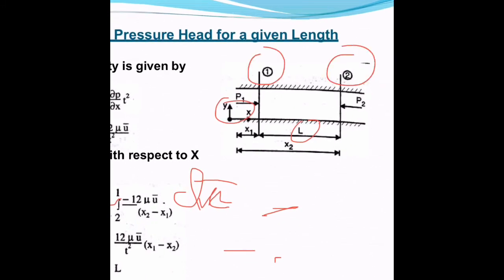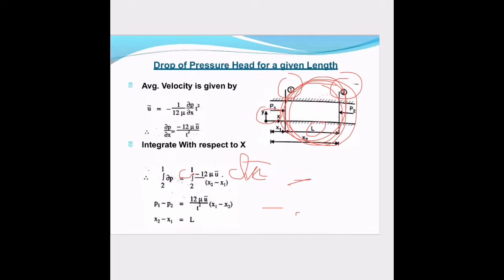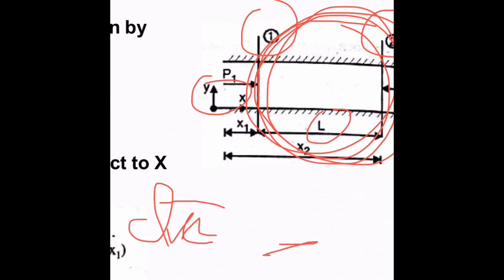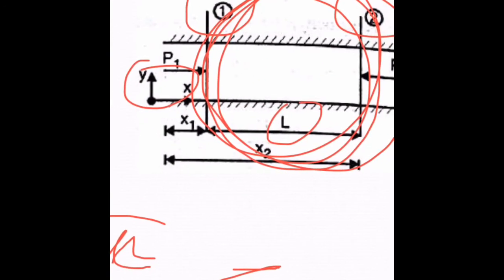So, after modifying the above equation, we will get the integration from 1 to 2 of del P equal to the integration from 1 to 2 of minus 12 mu u bar divided by t square dx, where dx is x1 minus x2.